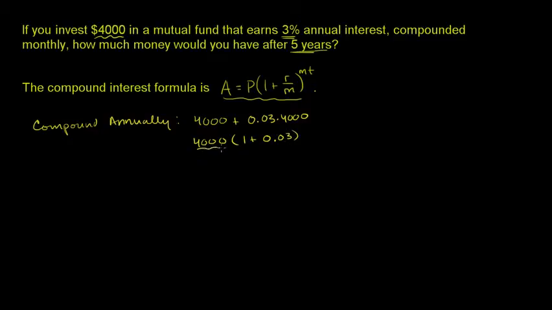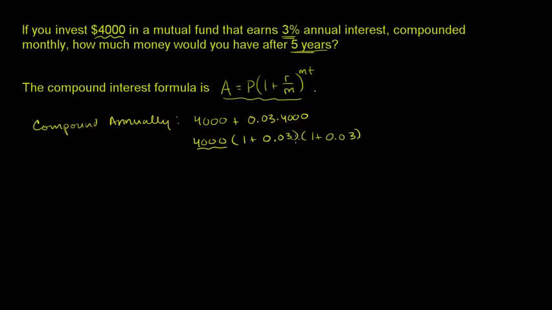So you have your original principal amount, and if you compound once annually, you get that times 1 plus your actual annual interest rate. Now, if you were to compound annually 5 times, you would then multiply by 1 plus 0.03 again. The only reason I'm not just writing 1.03 is so that you see how it relates to the formula they're giving you.